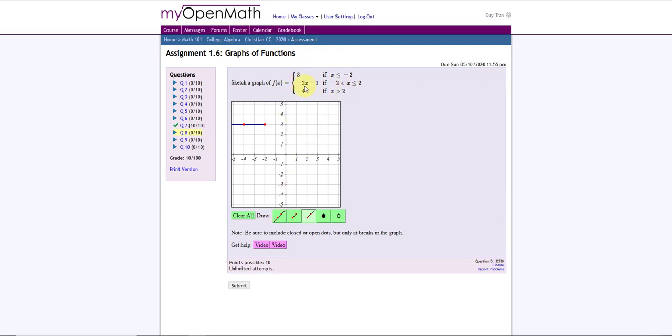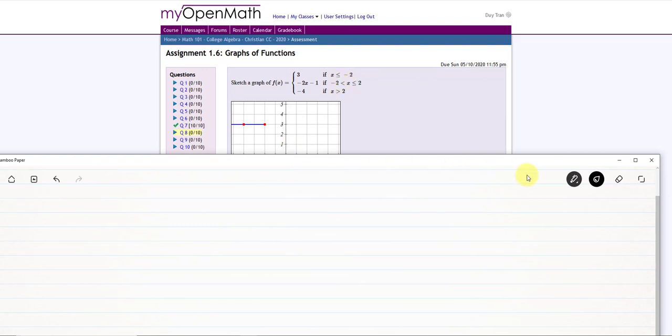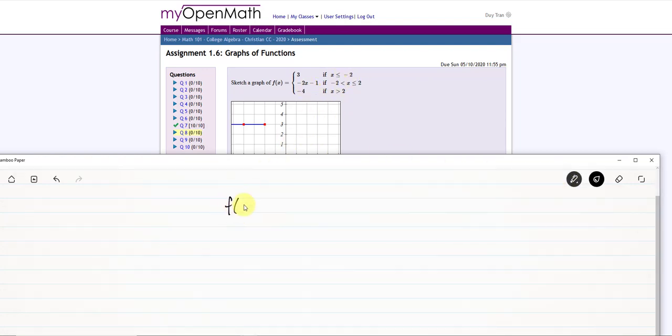And then for the second equation, we can also find the value. So my f of x equals minus 2x minus 1, and this is only valid for x between minus 2 and plus 2. Now firstly, I'm going to find what my value is when my x is equal to minus 2, I'm going to look for the two endpoint values.